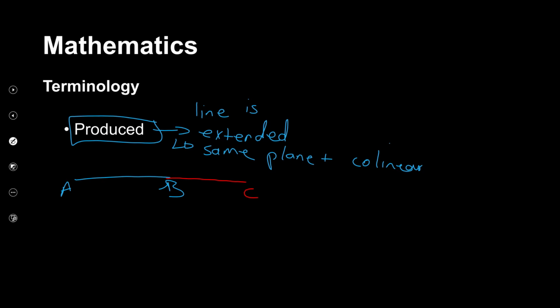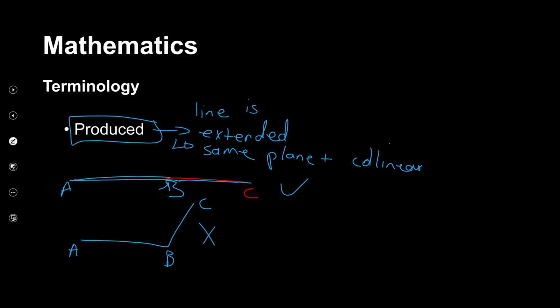Collinear simply means that they are all on the same straight line. So this is AB, and it continues to be the same line with BC, right? Not that from AB I must go to C, which will be somewhere there. No, this is the wrong one, and this is the correct way of looking at what produced means.